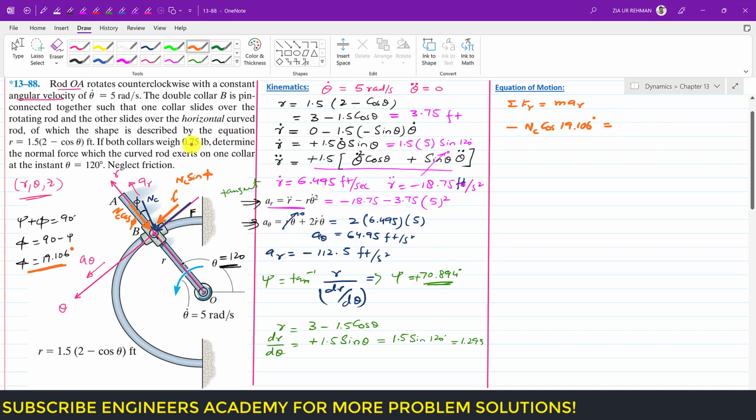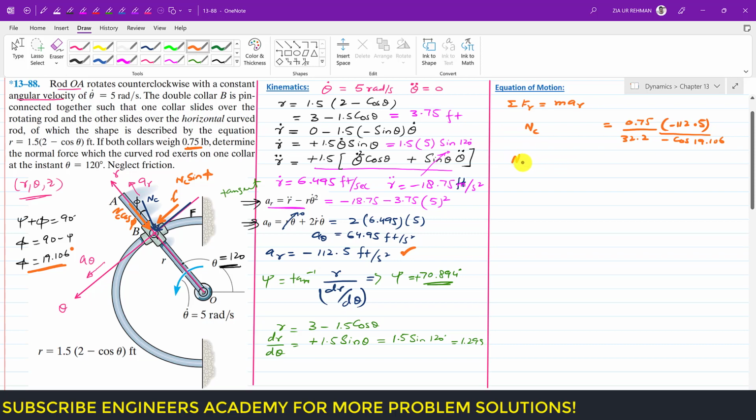The weight is 0.75, so the mass will be 0.75 divided by g, which is 32.2 feet per second square, times a_r. And we know that the a_r value is minus 112.5. So from this, if we divide both sides of the equation by minus cos of 19.106, we will be left with NC.